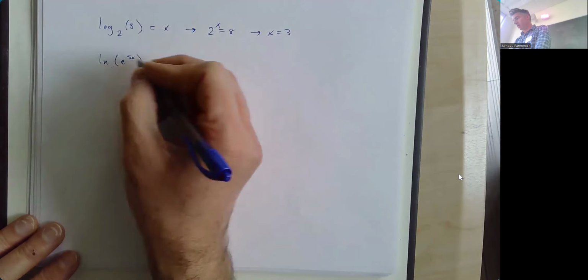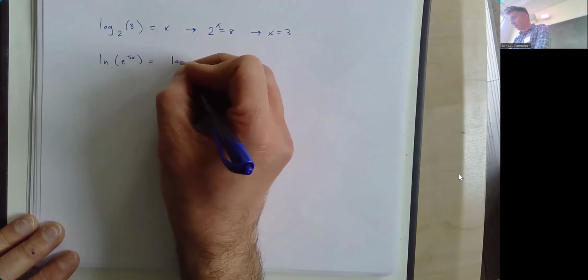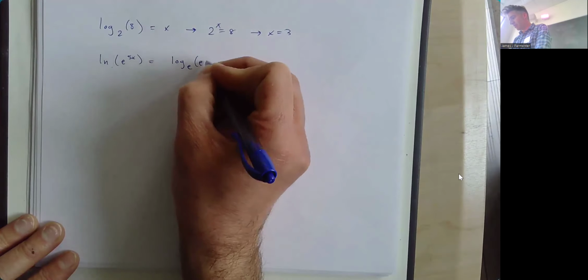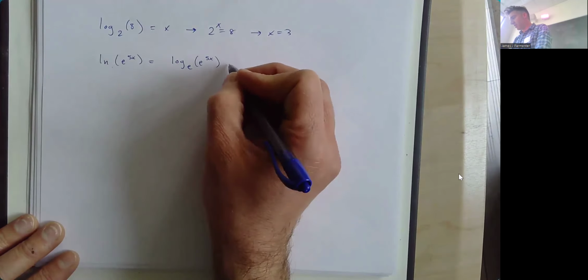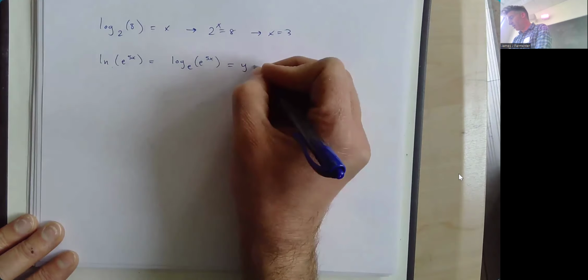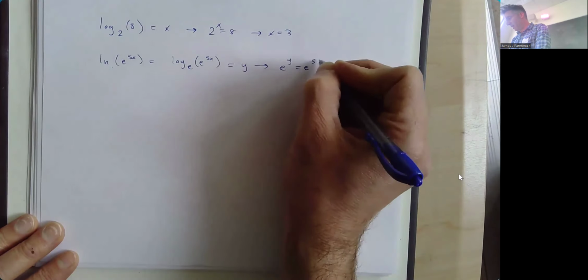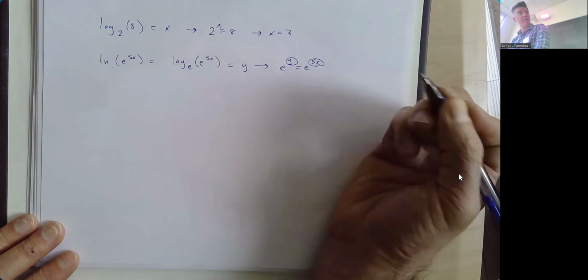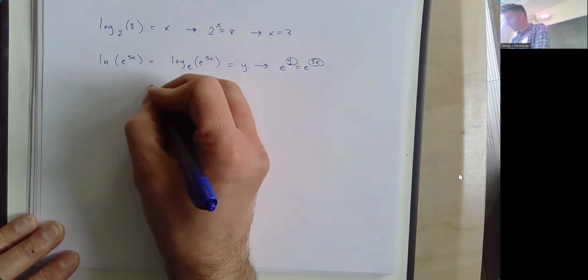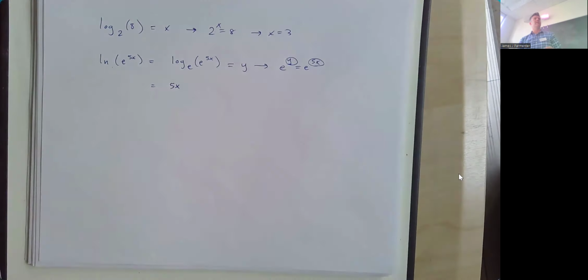that the natural log here is really the log base e. And so what we're saying here is that if we set that equal to, say, y, then e to the y equals e to the 5x. So the y has to equal 5x. The shorter way of saying this is that when you take the natural log of e to the something, the natural log function and the e to the something function undo each other.